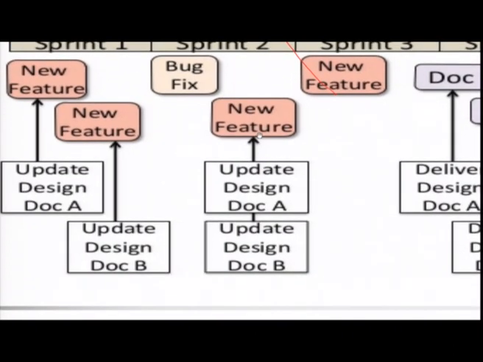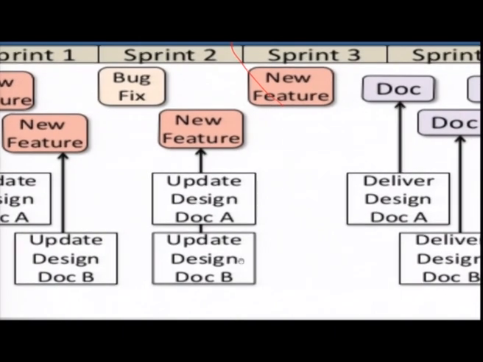When the new feature is developed, then we update the design documentation A, as well as the design documentation B. Why do we want to update both these design documentations? Because these new features are interlinked, so we update the documents.